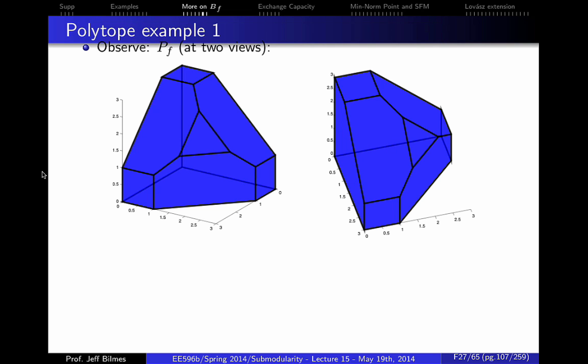But given that theorem, is this a submodular polytope? We saw this a couple of weeks ago.